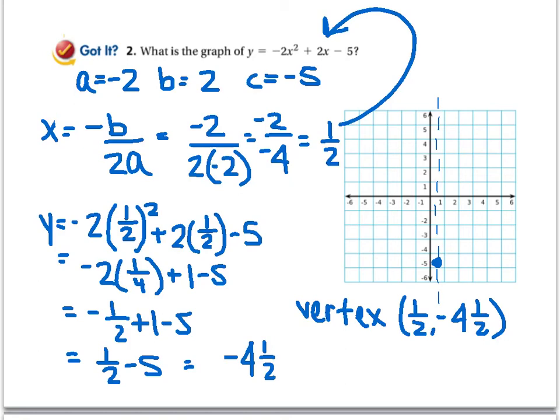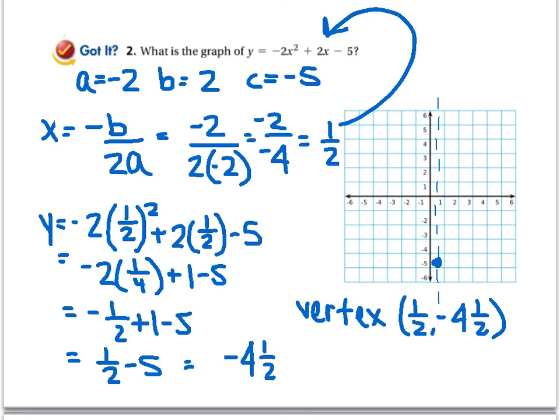Let me see what you did. You forgot to square the 1/2. Yeah, because that's an x squared value.